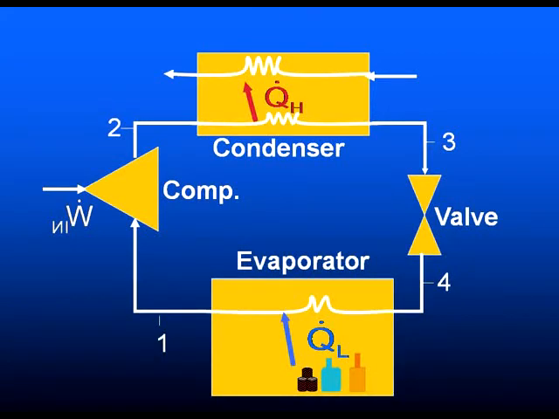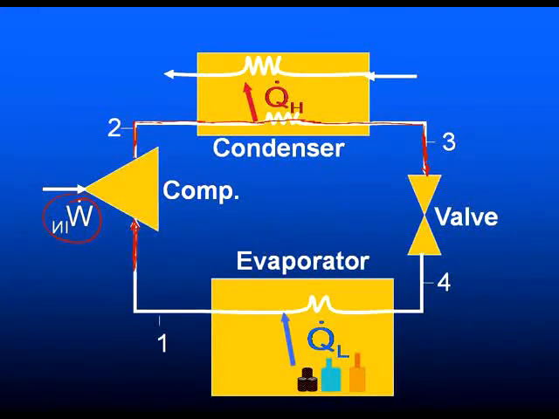So here's a diagram of the whole system. We're putting work in. I got that backwards. Work in, and we're compressing it, compressing the saturated vapor. Start here at point 1 instead. Saturated vapor, superheated vapor coming out of the compressor. That vapor is then cooled and then condensed. Comes out as a liquid here.